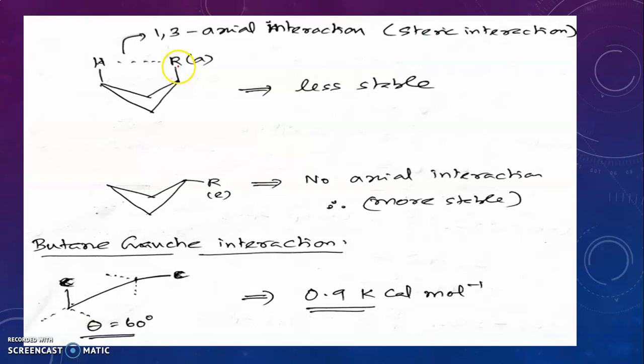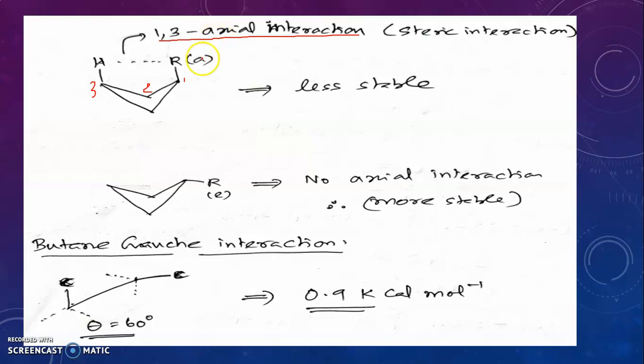If this R group is present in the axial position, then between this R on carbon 1 and the axial hydrogen present on carbon 3, there will be a steric interaction. This steric interaction is also called 1,3 axial interaction. This axial interaction raises the potential energy of the molecule, therefore stability decreases.